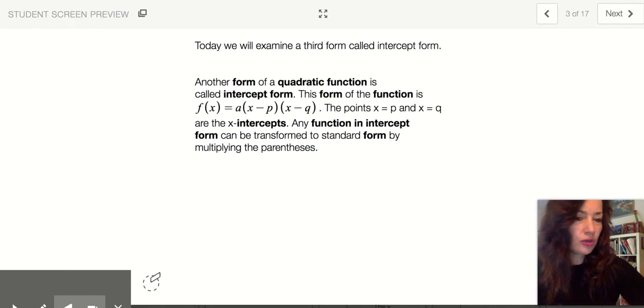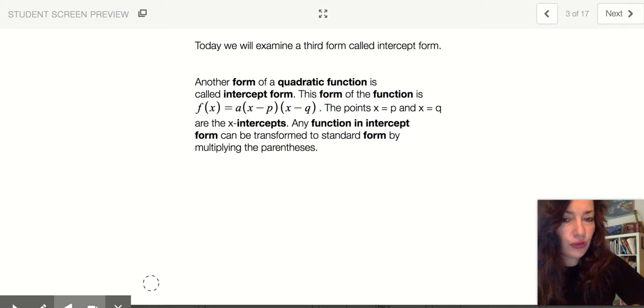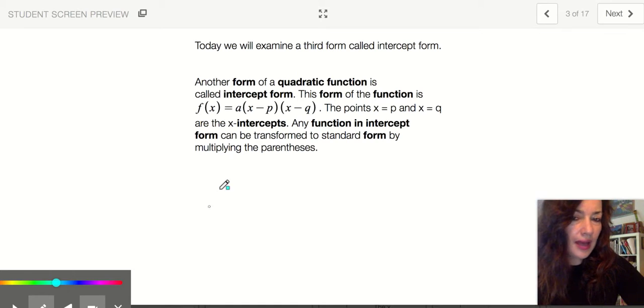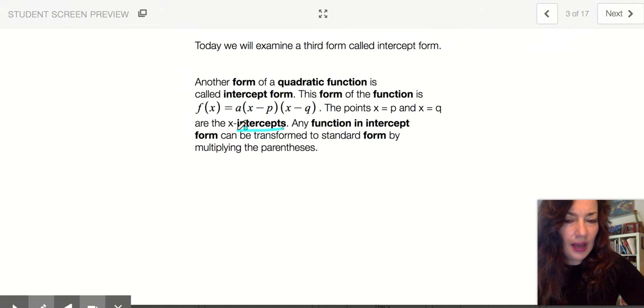Slide number 3 introduces the third type of function we should be looking at, called intercept form. This quadratic function is in intercept form, which means that we can see the x-intercepts, and it is written in the form f of x equals a times x minus p times x minus q, where x equals p is one of your intercepts, and x equals q is another one of your intercepts.